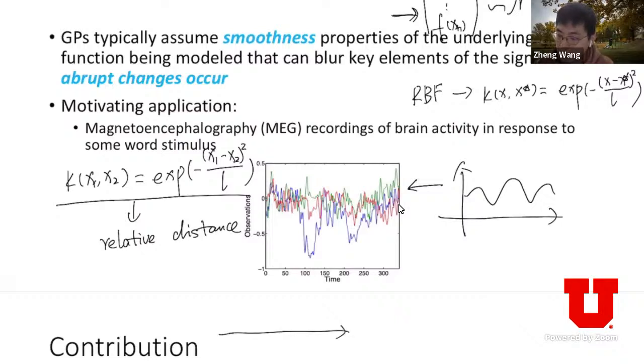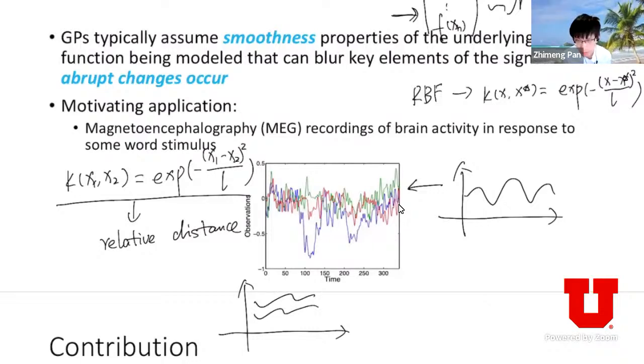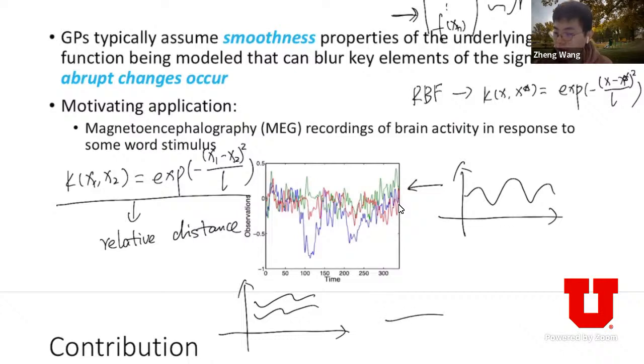First, they might give you some training trials, like 15 training trials, and then you have 5 remaining testing trials. For the testing trials, you can predict the whole trial, or further split the testing trial into 2 parts, the training part and the testing part.